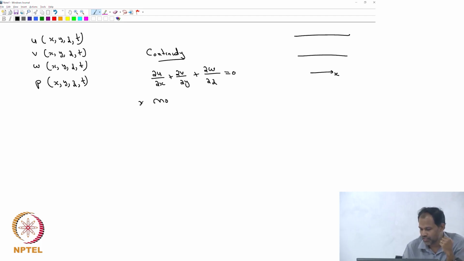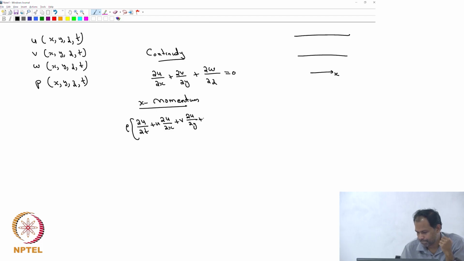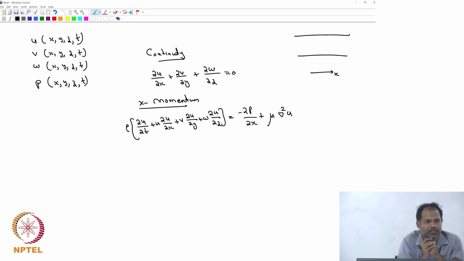Let us just write down the x momentum equation. That is the x momentum equation.